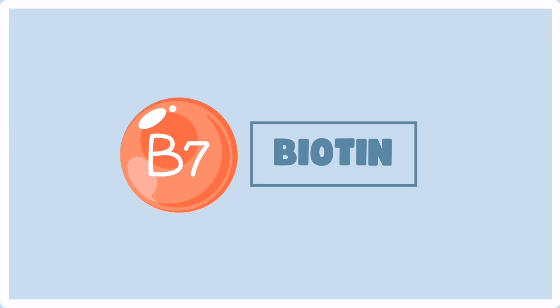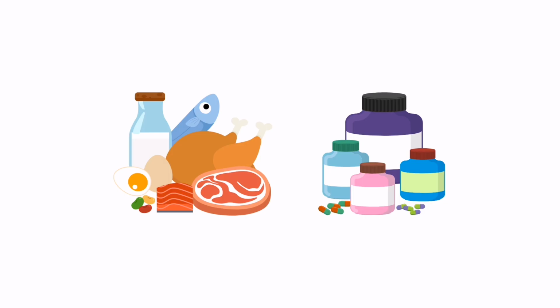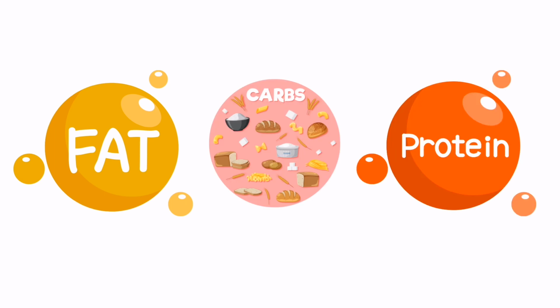Number 4, biotin. You might be familiar with vitamin B7 as biotin. It is a water-soluble B vitamin that can be found in various foods as well as supplements. Biotin is essential for enzymes to break down lipids, carbs, and proteins in the diet.